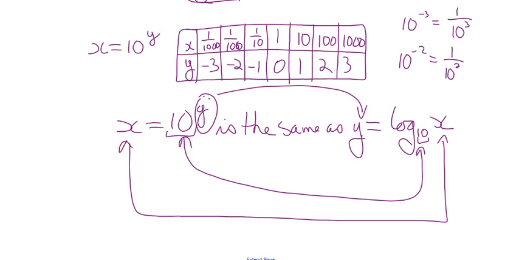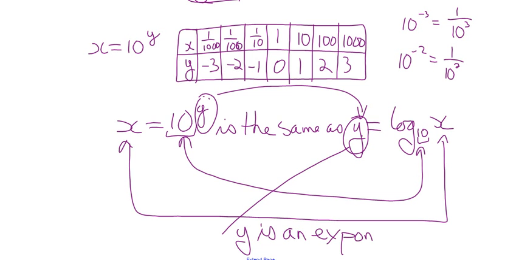Okay? So if you see it written as a log, you can convert it to an exponent. The base is the same, right? Whatever base is there. Because we're not always going to do base 10. We'll look at base 2 in a minute. But y here is an exponent. So that's all a logarithm is, right? Somebody says to you, oh, you're doing logs.